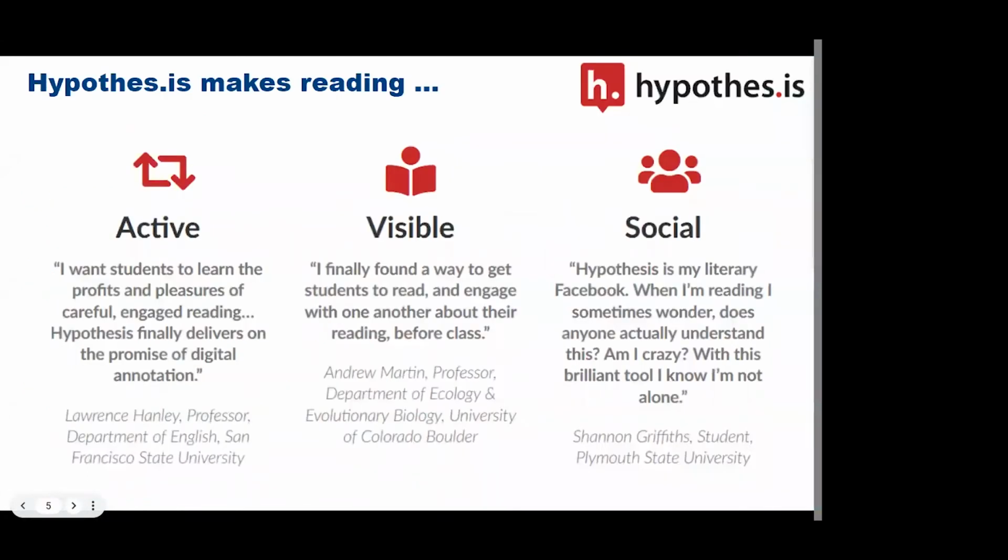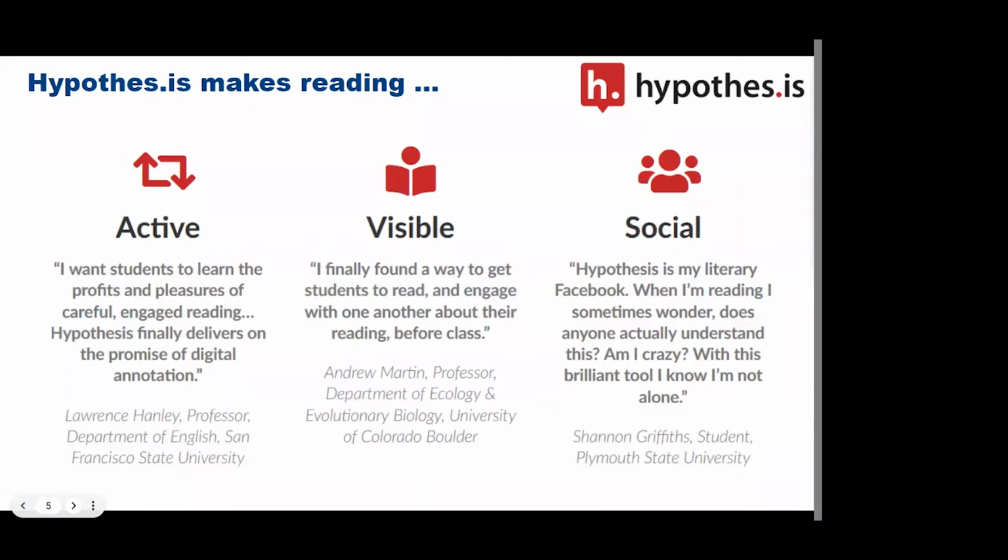I think most people here are familiar with hypothesis. So you know that hypothesis makes reading what they call active, visible, and social. Active: it puts more purpose into the reading. When students are engaging with readings or a resource or a web page, whatever you're using as your hypothesis resource, it adds that extra layer of activity.